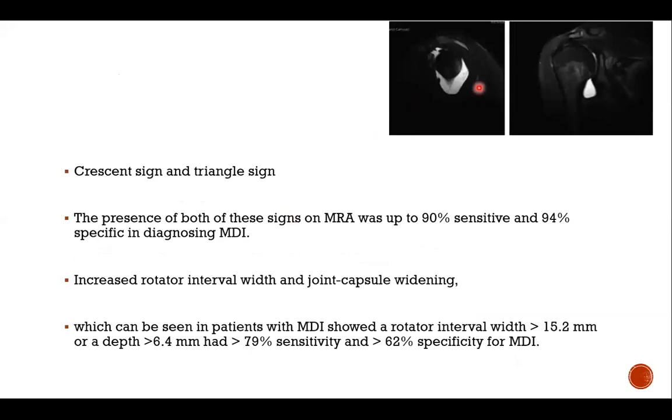The crescent sign is the contrast between the humeral head and the AIGHL, and the triangular sign is between the AIGHL and the glenoid on the coronal sections. Presence of these two signs on MRA was up to 90% sensitive and 84% specific in diagnosing MDI. A few other studies have determined increased rotator interval width and joint capsule widening, and they showed that more than 15 mm width and 6 mm depth had more sensitivity and specificity for MDI.